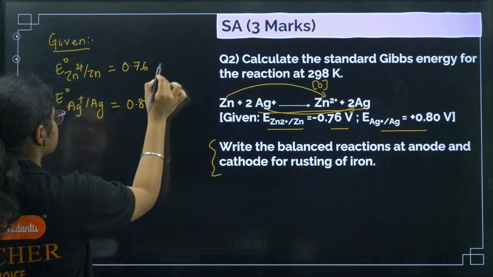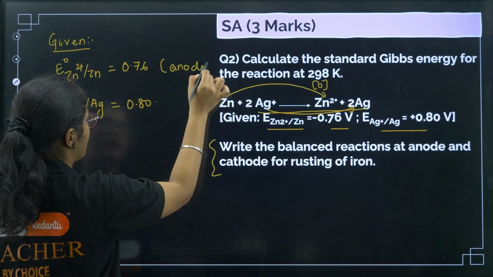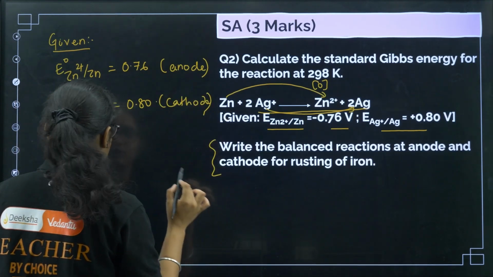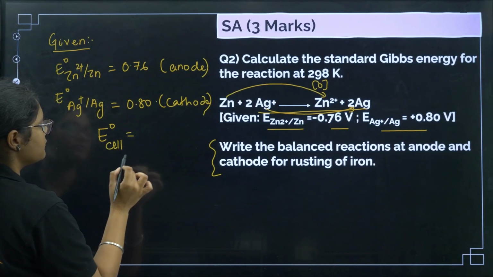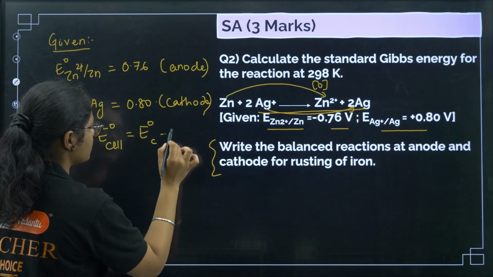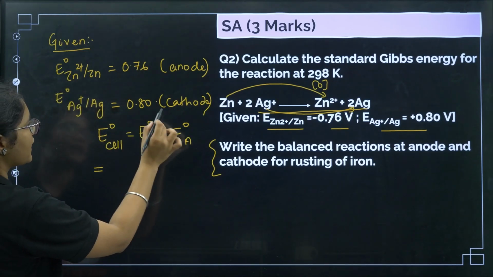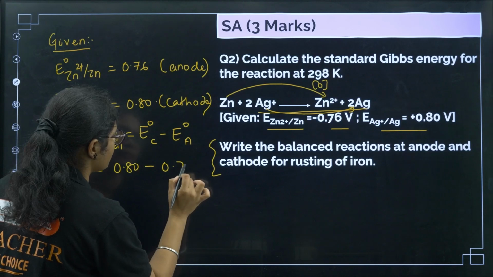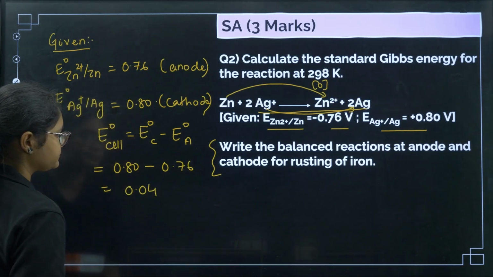Now to calculate E naught of the cell, first write the formula: E naught of cathode minus E naught of anode. E naught of cathode is 0.80 minus E naught of anode 0.76. That gives me 0.04.